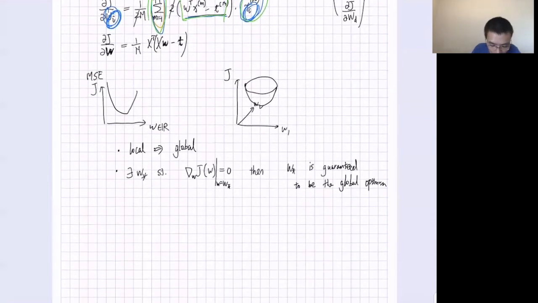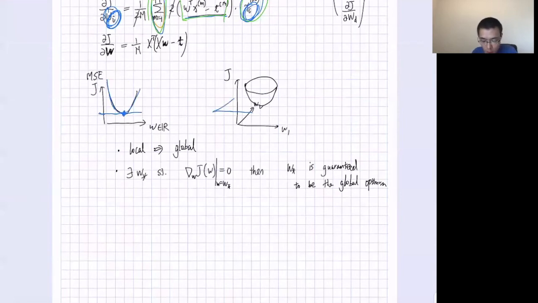Because the line here is tangent to the function, and this point has a derivative of 0. So this line, tangent at this point, is actually a horizontal line. Then every other function value must be greater than or equal to this line. So this is the global optimum.